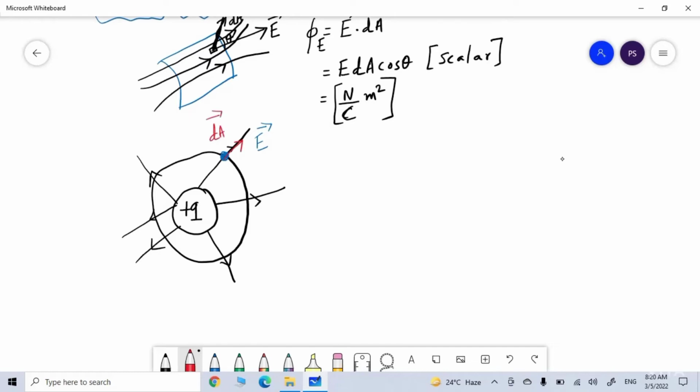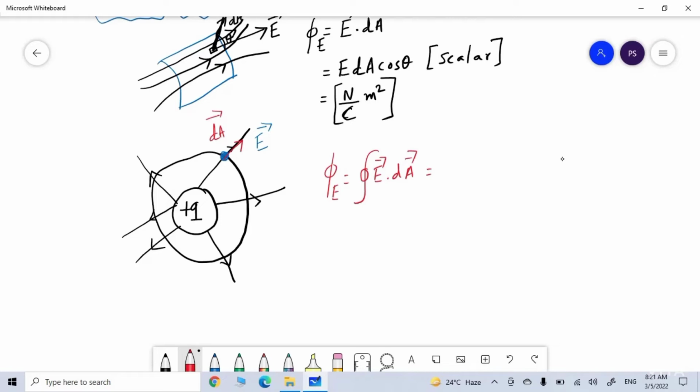So the electric flux here would be the integral of E dot dA. Now the electric field everywhere on the sphere is uniform, so you have the same electric field here and the same electric field there, radially projected outwards.